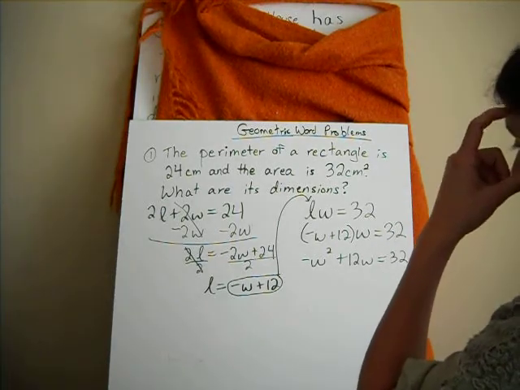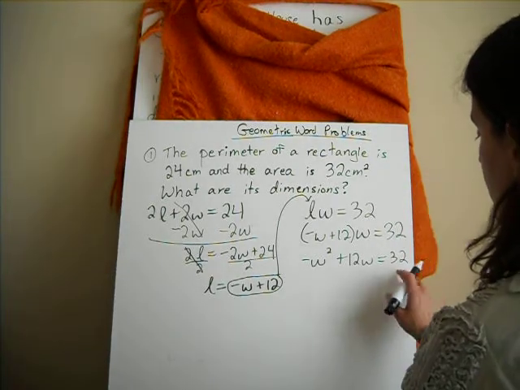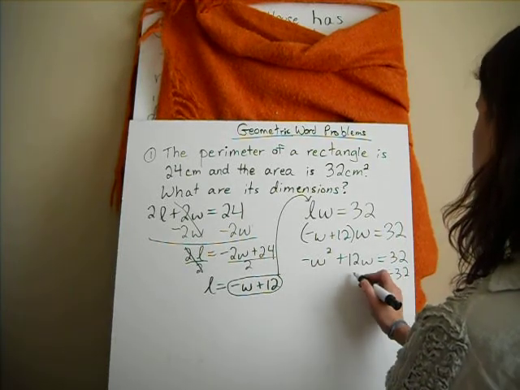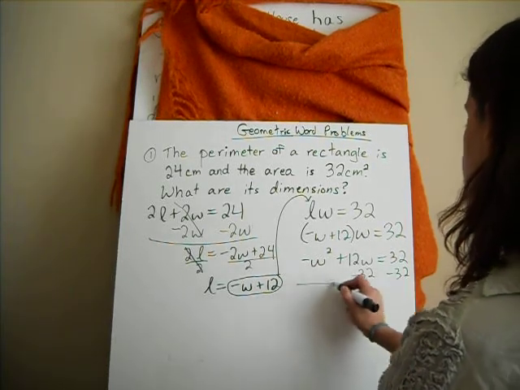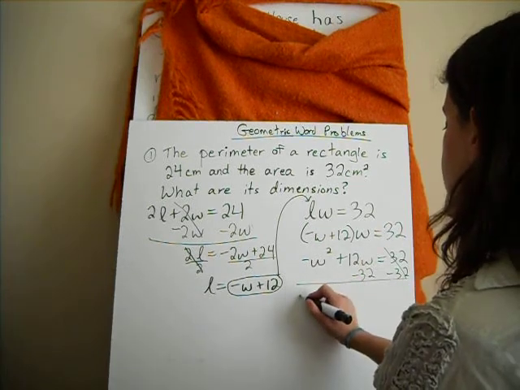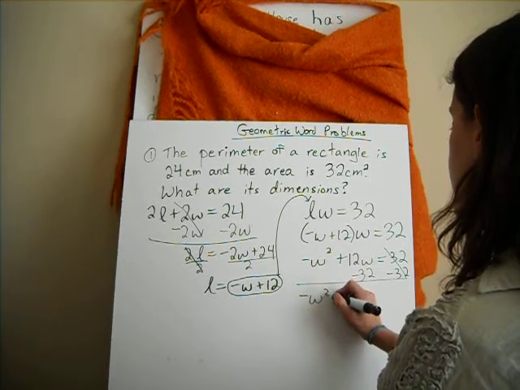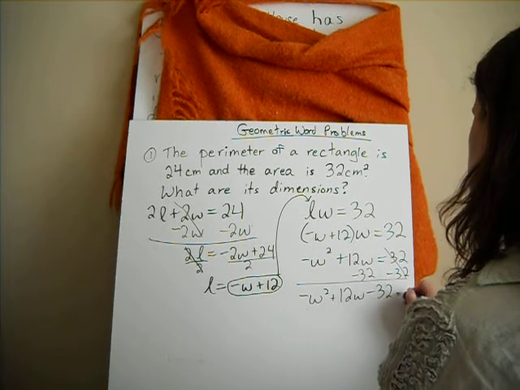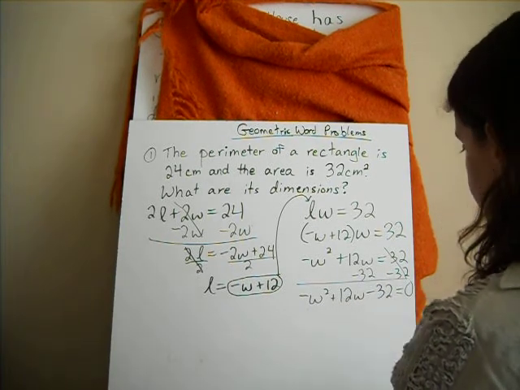And since I'm trying to solve a quadratic, I'm going to set one side, in this case it's easier to do the right side, equal to 0. So what I have is negative W squared plus 12W minus 32 is equal to 0.